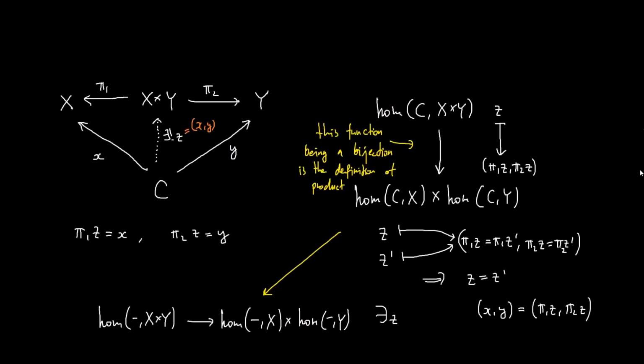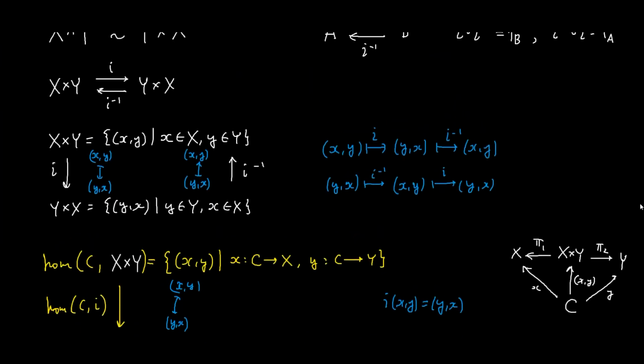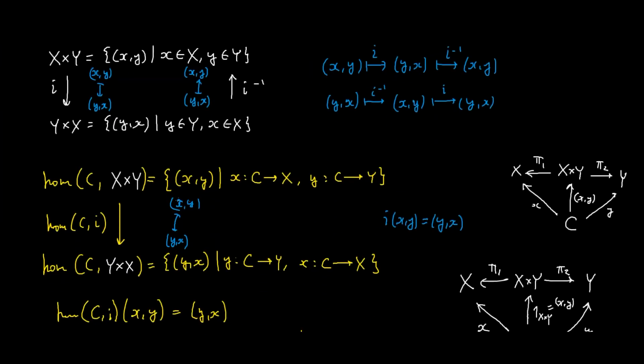So that's in terms of coming up with a concept, and in terms of proving a theorem or solving a problem, we described how we could adapt the proof that the Cartesian product X cross Y is bijective to the Cartesian product Y cross X to get an isomorphism between X cross Y and Y cross X in an abstract category.